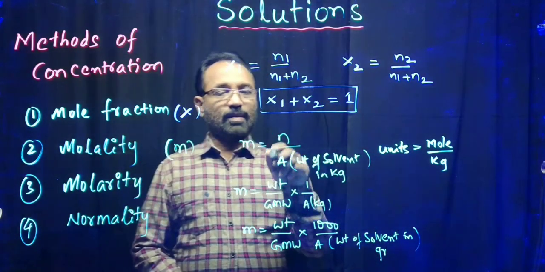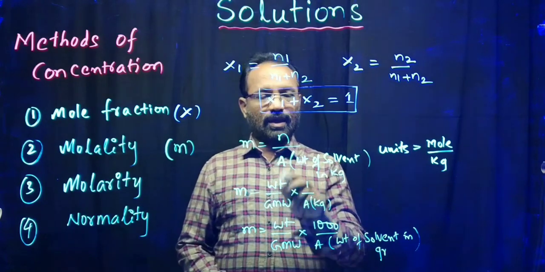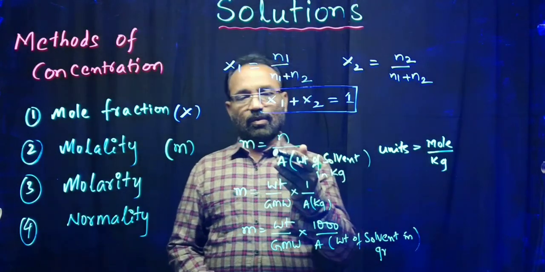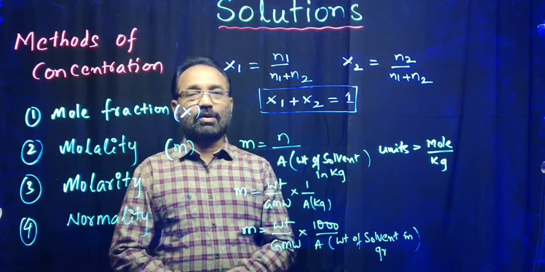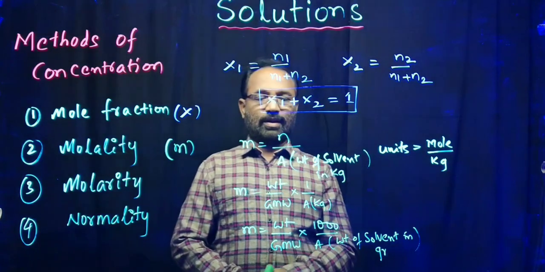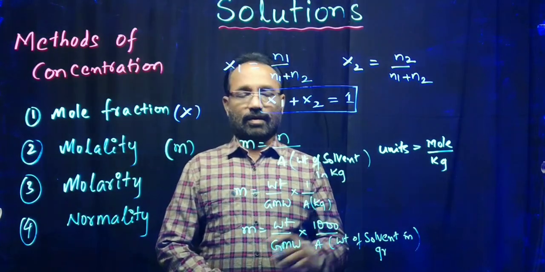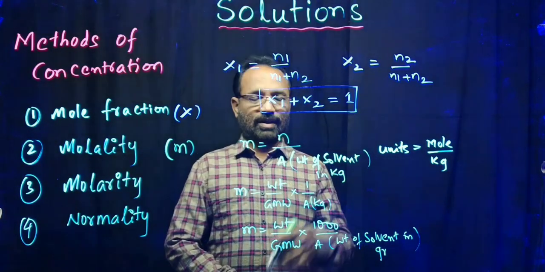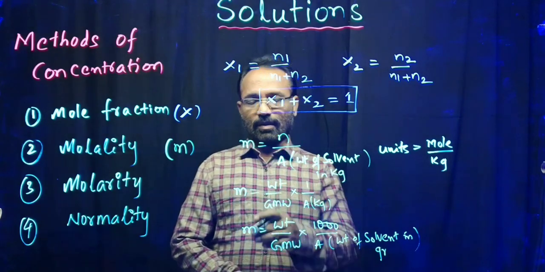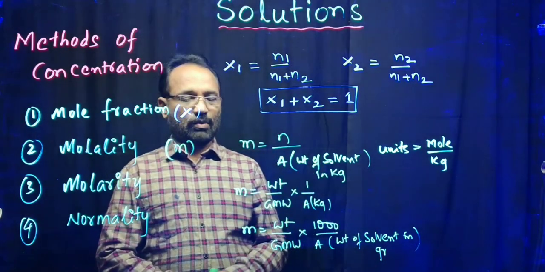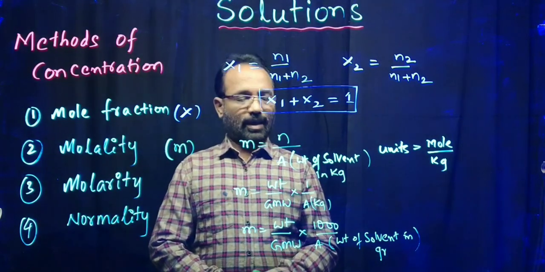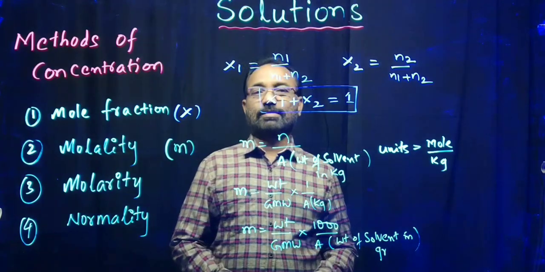Here small m equals n by A, where A is the weight of solvent in kilogram, and number of moles n equals weight by gram molecular weight. Therefore, molality equals weight by gram molecular weight into 1 by A. If you take the weight in grams, molality small m equals weight by gram molecular weight into 1000 by the weight of solvent in grams.